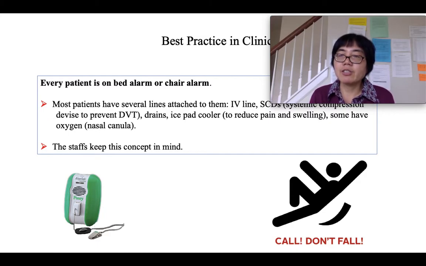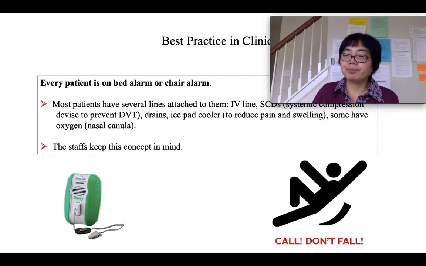Some patients, if they want to reach something, just stand up and go. That puts them at even higher risk for fall. That's why almost every patient has either a bed alarm or chair alarm. I think that's the best practice in that unit.